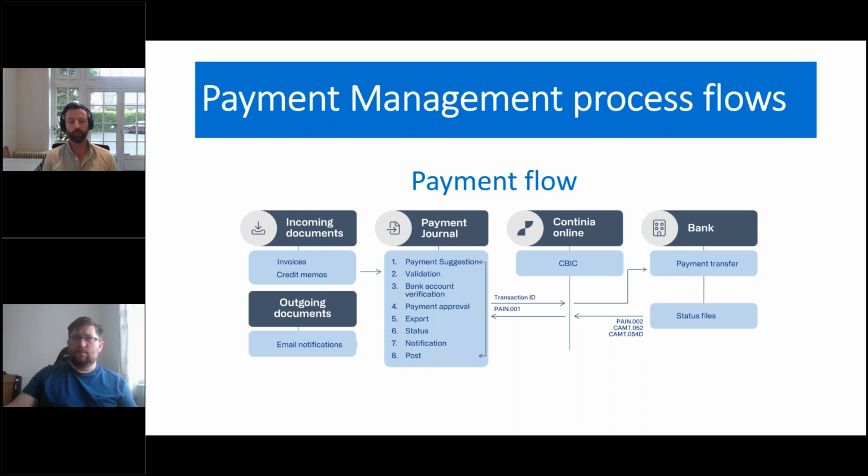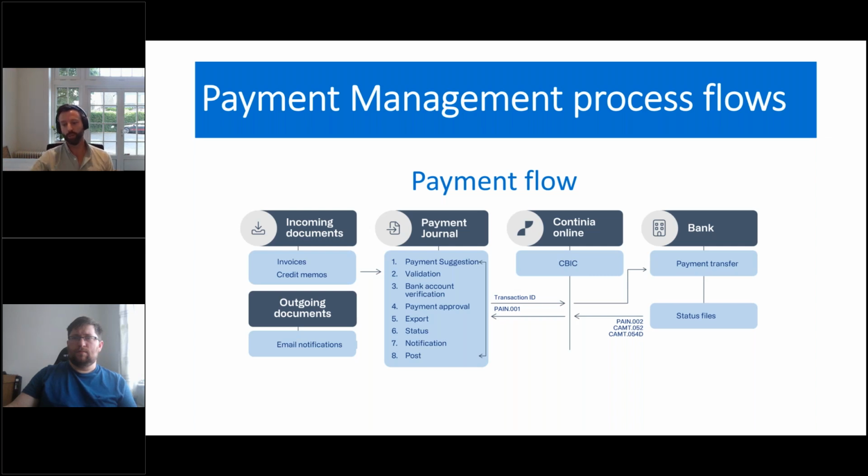Once you export them, they will be sent through our CBIC, and this is visible here on the right-hand side. The CBIC is our Continia Bank Integration Component, which is a platform that makes sure that all of the information needed is secured and safely sent to the bank.